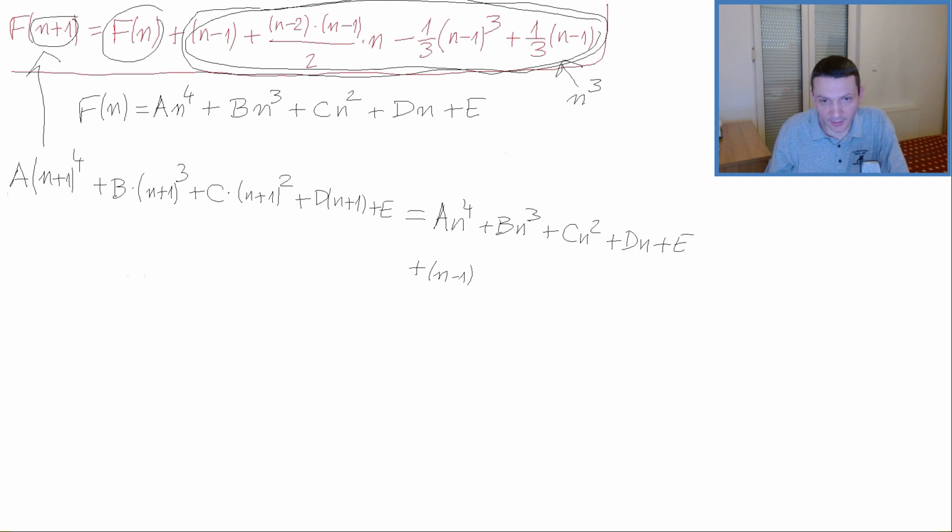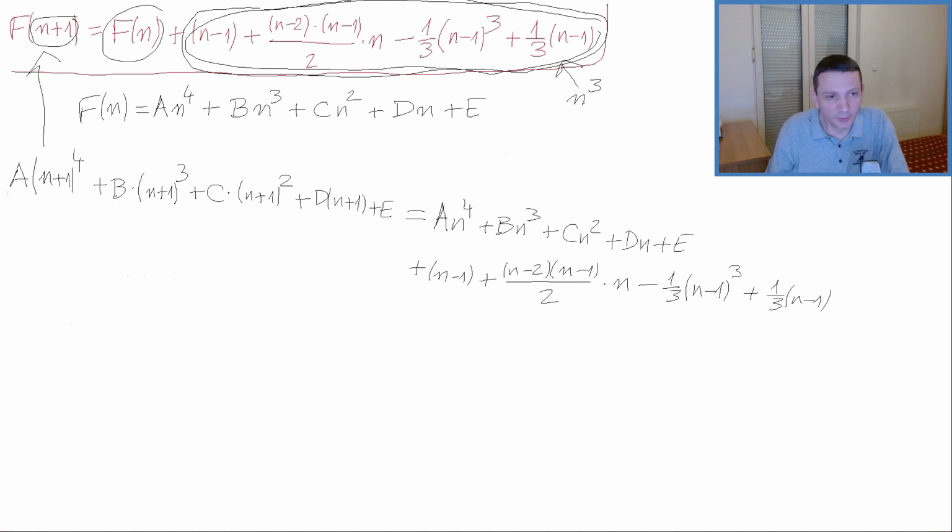So plus n minus 1 plus n minus 2 multiplied by n minus 1 over 2 times n minus 1/3 n minus 1 cubed plus 1/3 times n minus 1.